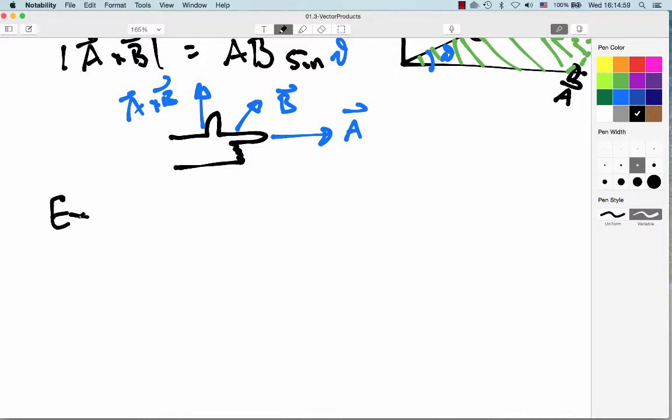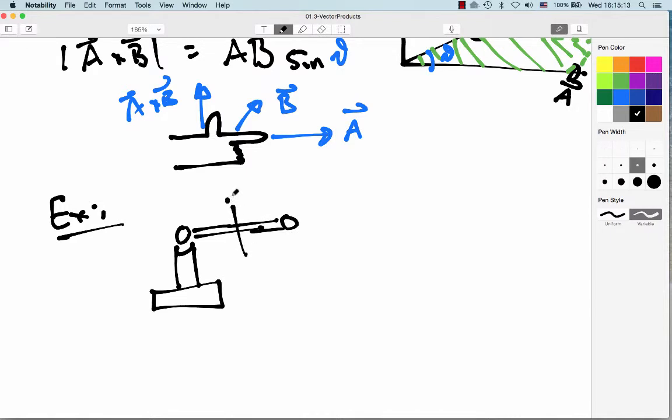Okay, so let's just do a quick example here with torques. So let's say we got ourselves a gyroscope, like so. And this will be a big honkin' gyroscope. In fact, we'll have the center of mass located 2 meters out from where the support is.